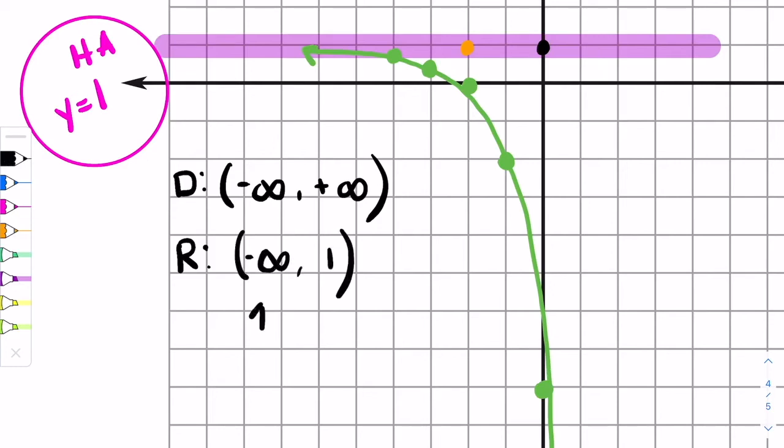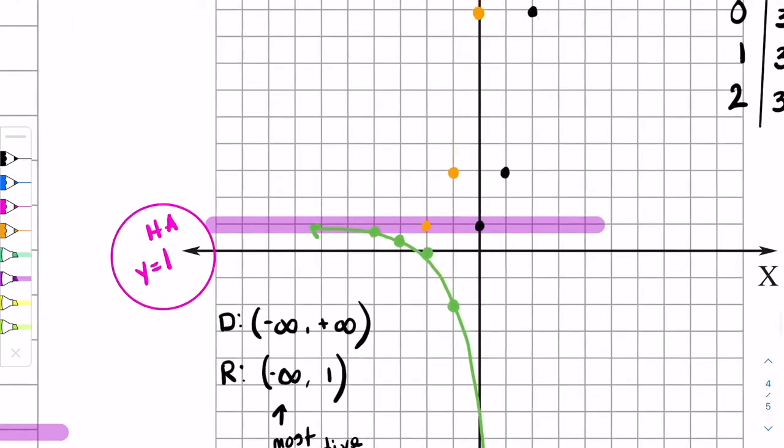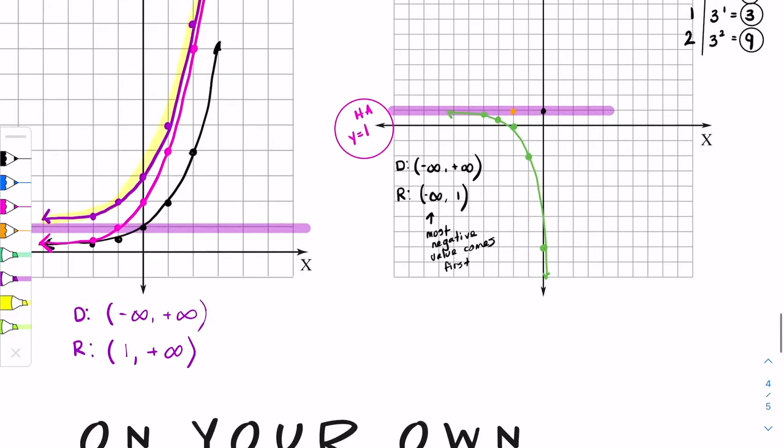Make sure your most negative value comes first. Okay, and that green line, I'll highlight it in yellow, is your final graph.